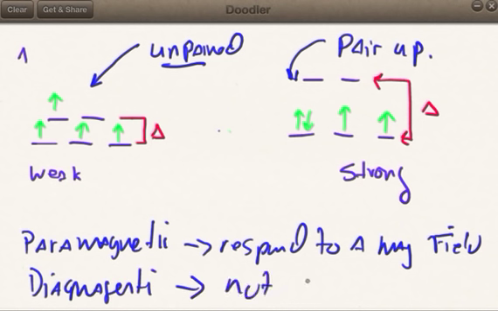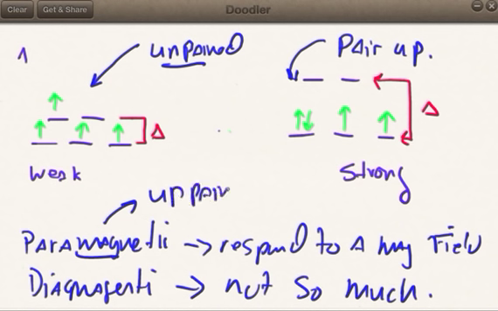not so much. What makes something paramagnetic is the presence of unpaired electrons. Okay, which one of these has more unpaired electrons? They both have unpaired electrons, but the weak field has more unpaired electrons.